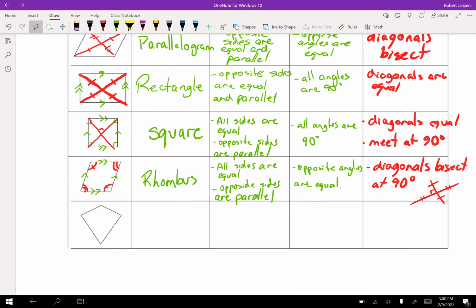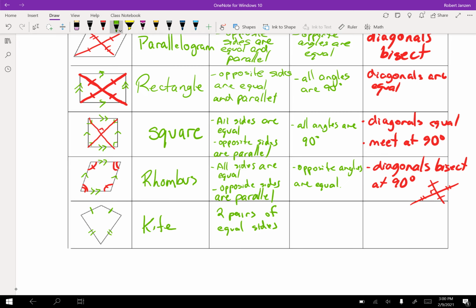Alright, and the last shape is the kite. Okay, here we have no parallel lines, but we have two pairs of equal sides. And if you look at this shape, this side equals this one, and this one is the same as this one. What about angles?